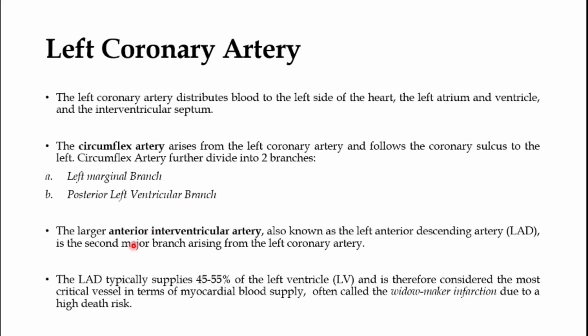So the circumflex artery and the anterior interventricular artery are the two main branches of the left coronary artery, and the circumflex artery has two smaller branches, the left marginal branch and the posterior left ventricular branch.